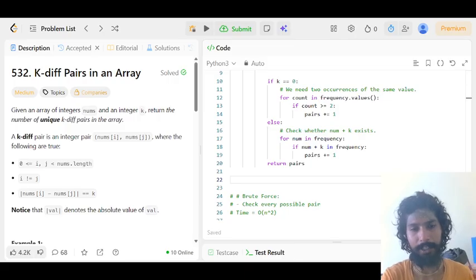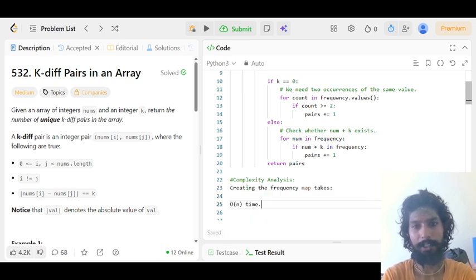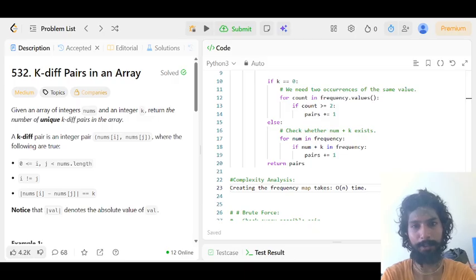Now the complexity analysis. Creating the frequency map takes O(n) time. Iterating over the unique numbers also takes at most O(n) time.